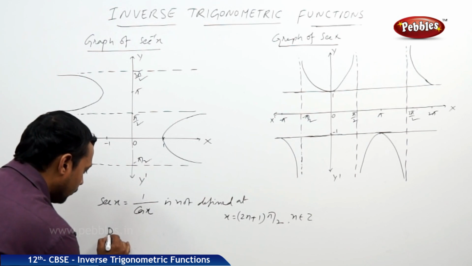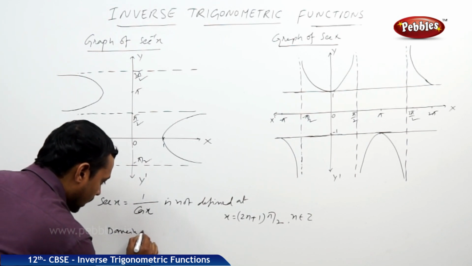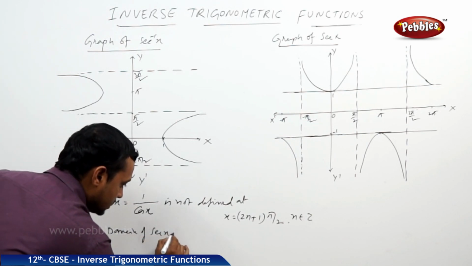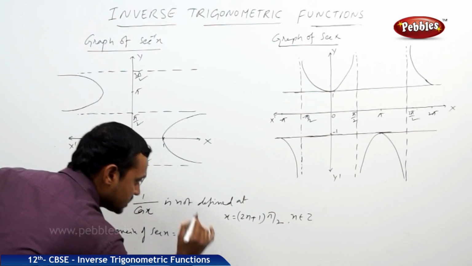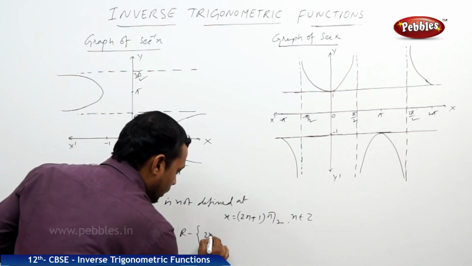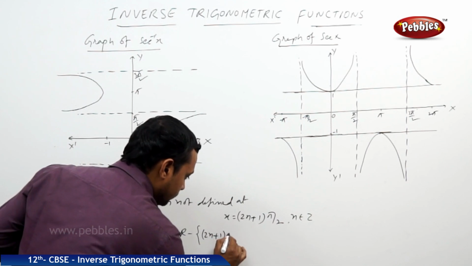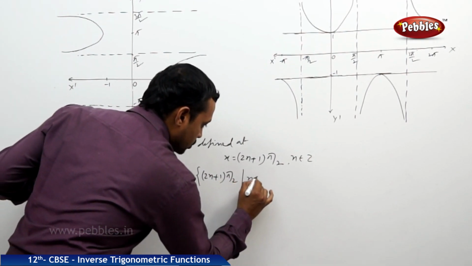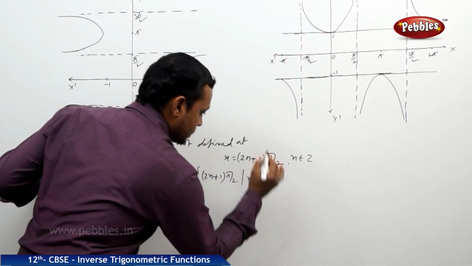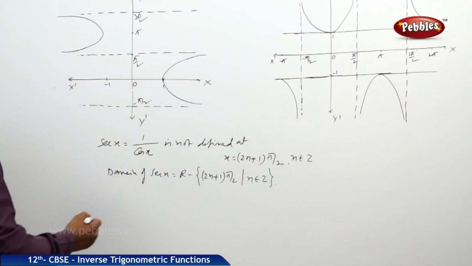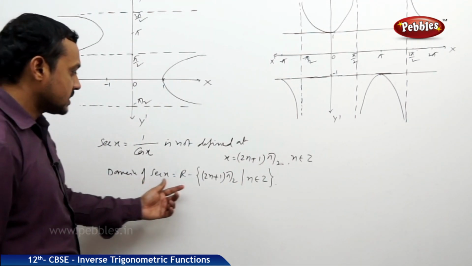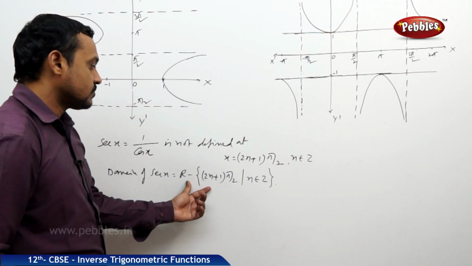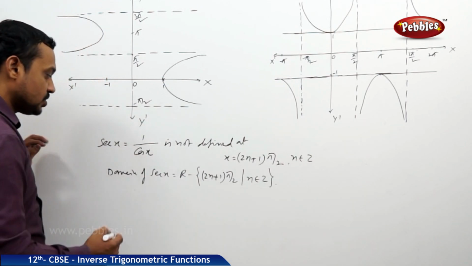Therefore, the domain of secant x is R minus (2n plus 1) pi by 2, such that n belongs to Z, the set of integers. But what about the range?